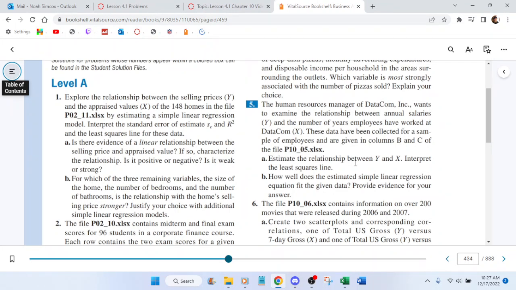Interpret the least squares line. How well does the estimated simple linear regression equation fit the given data? Provide evidence for your answer. So it looks like it's going to be the same as number 1 except less work, so thank goodness.